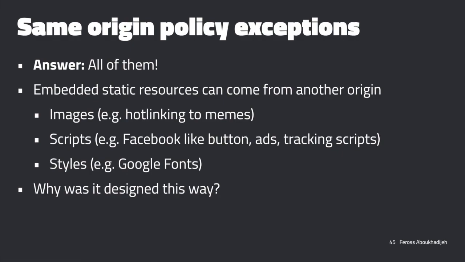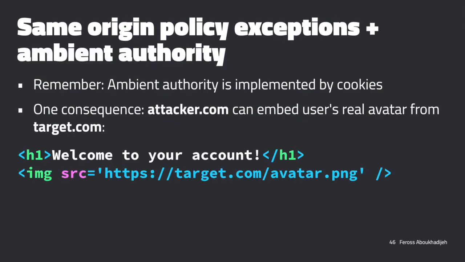Cool. Just remember that these requests have the ambient authority that is given to them by the cookies that are going to be automatically attached by the browser to these requests. So in particular, here's maybe an unexpected example. If you're on attacker.com, you can embed an image from target.com. Say this is some social network.